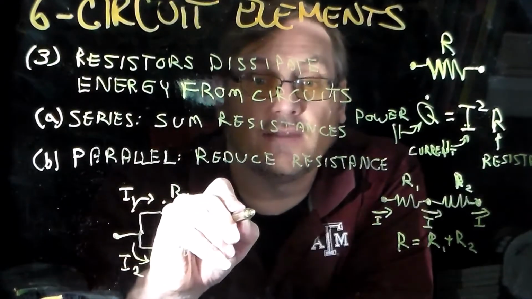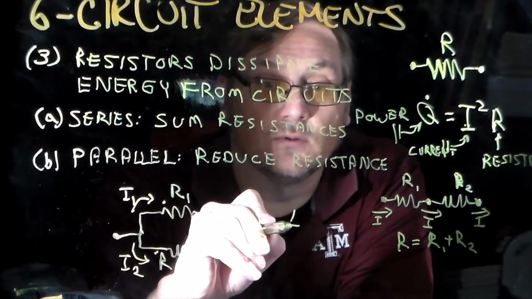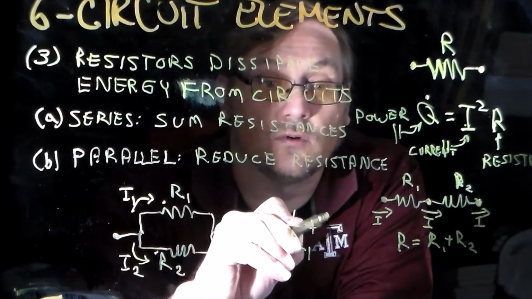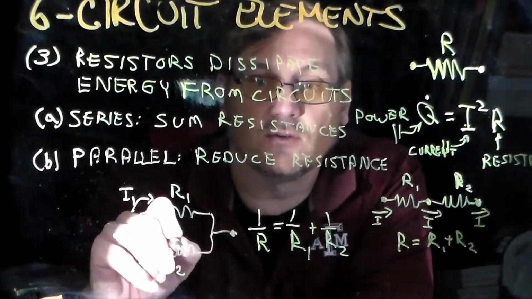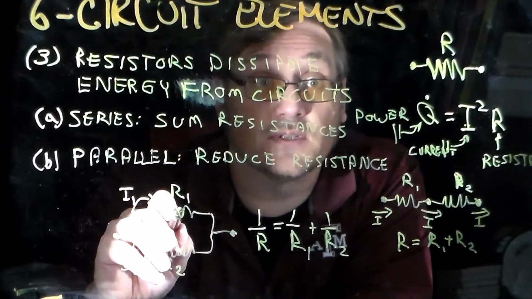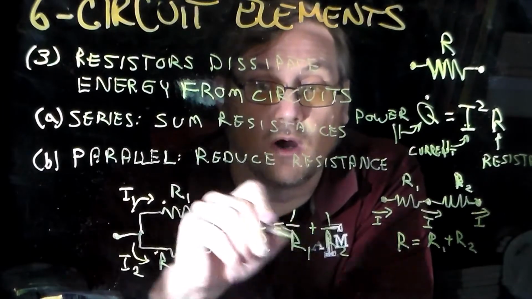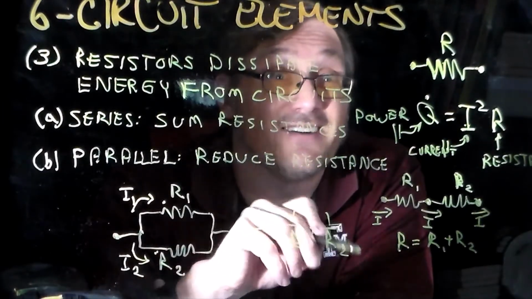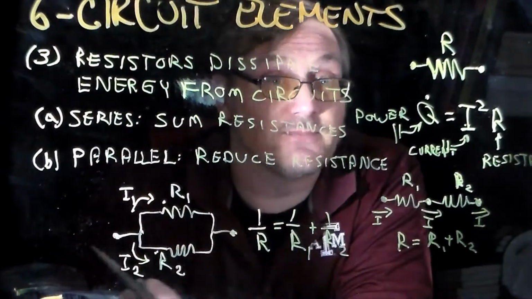That's going to give you this 1 over R is equal to 1 over R1 plus 1 over R2 dependence, right? If these two had the same resistors, then this would be 2 over R1, so R would be 1/2 of that. The resistance would be half if these were two that were the same.